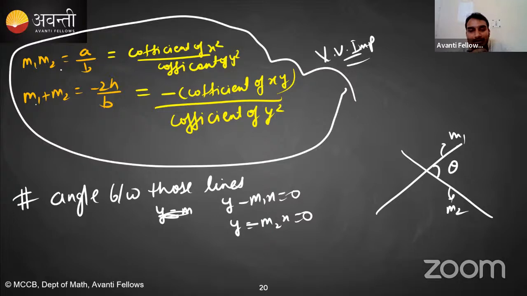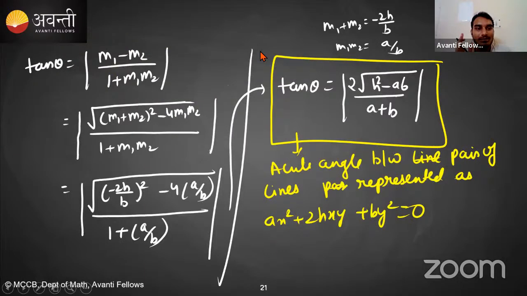So tan theta is equal to mod of m1 minus m2 upon 1 plus m1 m2, right? So m1 minus m2 can be written as under root of m1 plus m2 whole square minus 4 m1 m2. Clear?